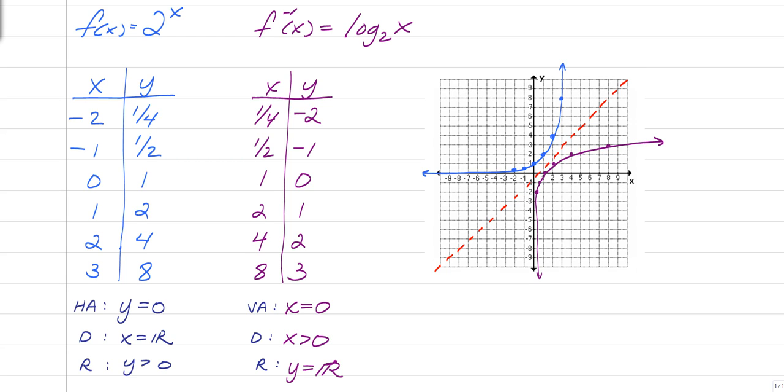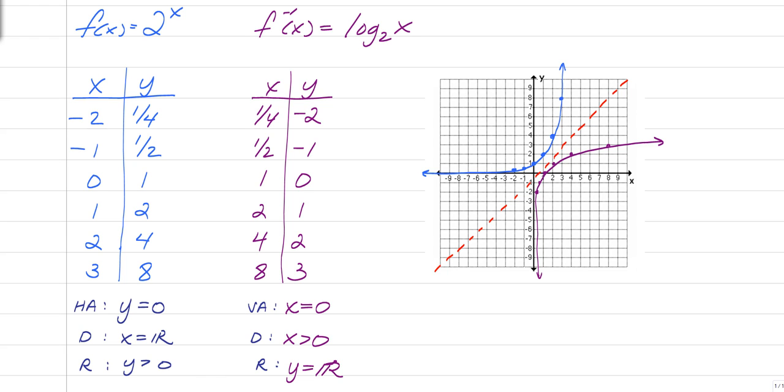So that's what a logarithm function looks like. It's going to start low and go high and then just kind of taper off, continuing to increase. And your domain and range are going to switch, and now you have a vertical asymptote instead of a horizontal asymptote. So that's what we have in terms of that graphically.